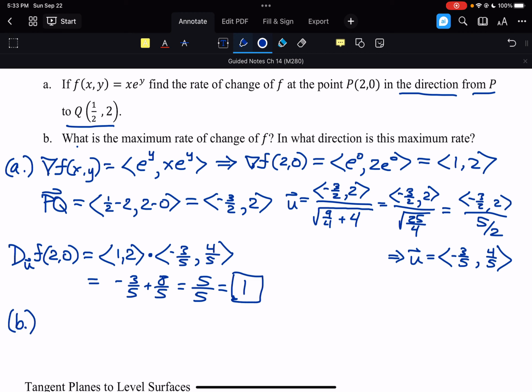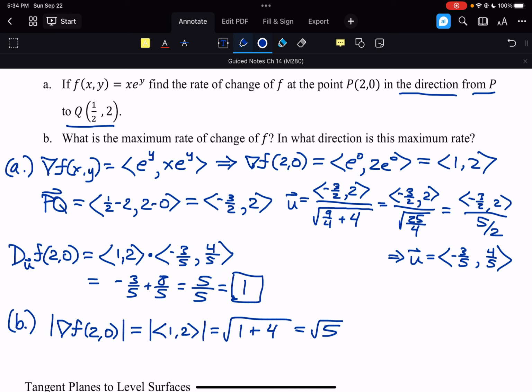Now for part B, what is the maximum rate of change of f, and in what direction does this occur? So the maximum rate of change, we're going to take the magnitude of grad f, also at the point 2, 0. So this is the magnitude of the vector 1, 2. So that's the square root of 1 plus 4, is rad 5.